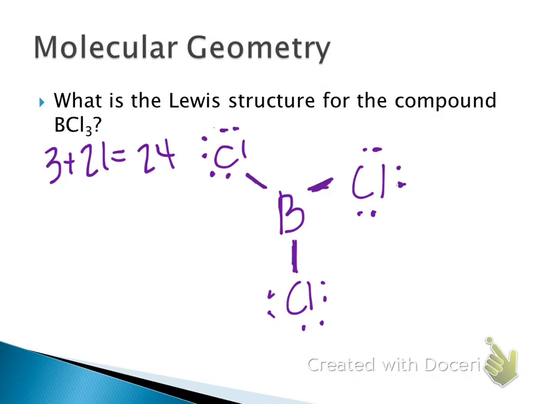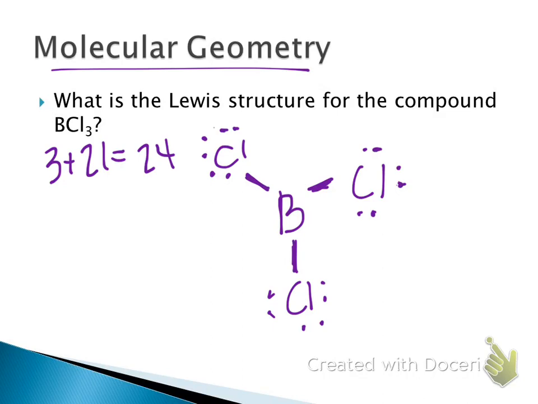Okay, would you agree here with our Lewis structure? Okay, so once we start finding molecular geometry, that's going to be our goal here, is what's our molecular geometry now of boron trichloride.